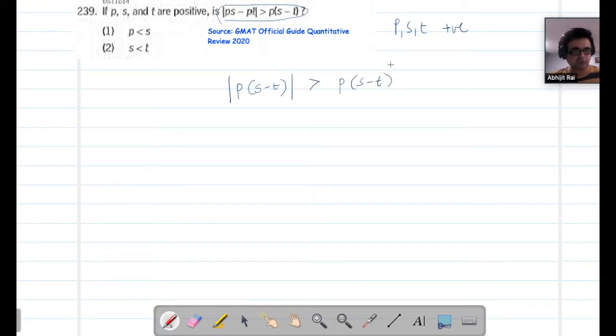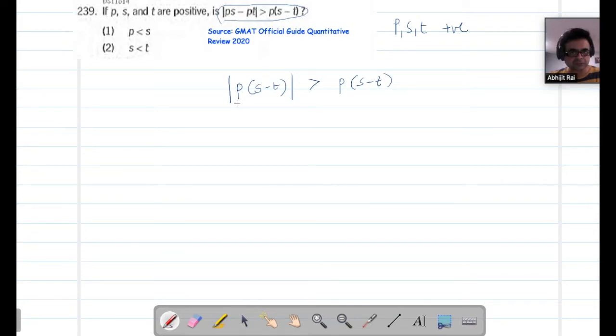Given that P is positive, that means P cannot be zero or a negative quantity. And by the operations of modulus that we discussed in my basics video, we know that when it is a positive quantity, you can take it out of the modulus sign and also divide or multiply in an equation or inequality.